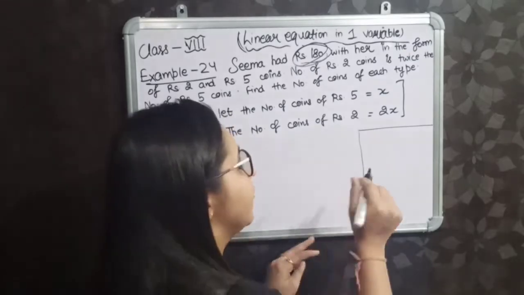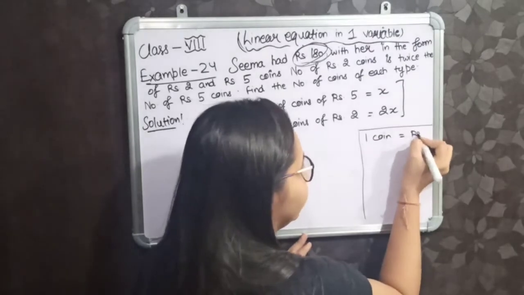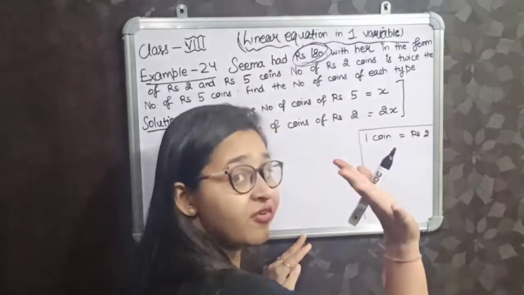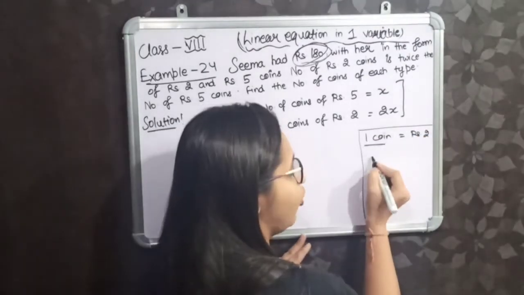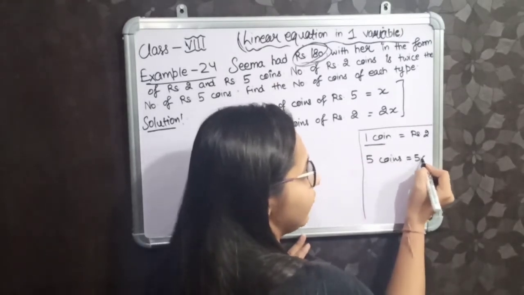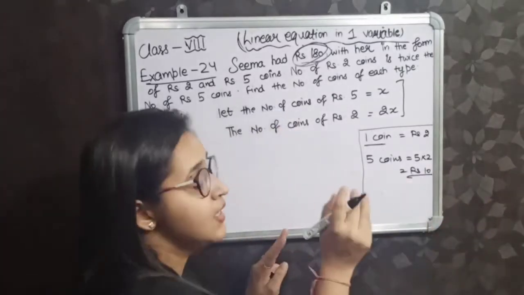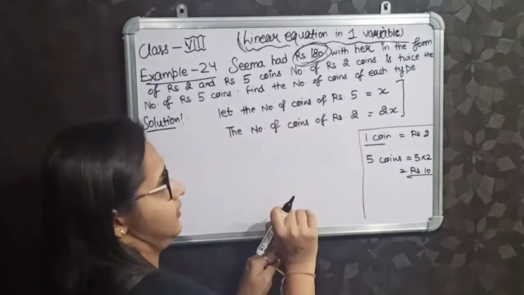Why? If one coin is rupees 2 and you have 5 such coins, then the total amount will be 5 multiplied by 2, which is rupees 10. Very simple. Same rule applies here.